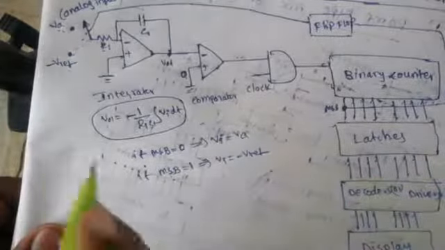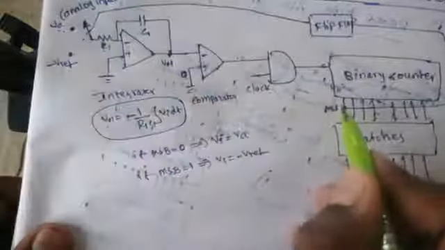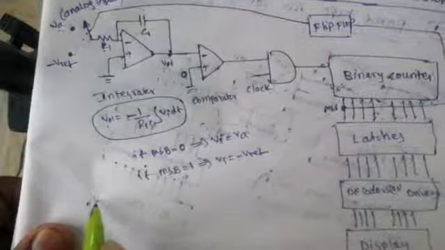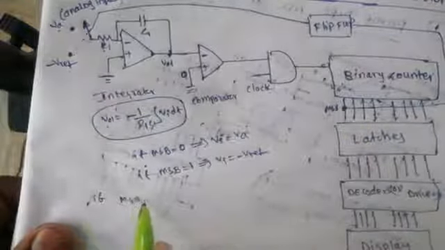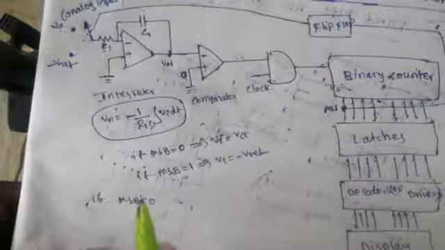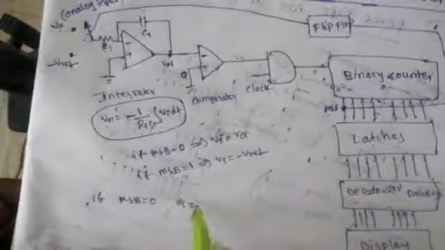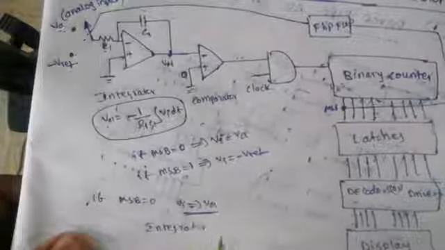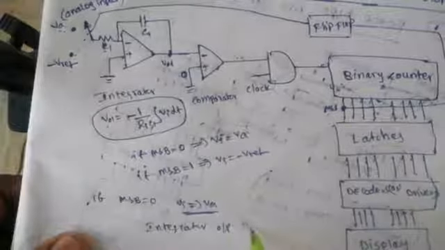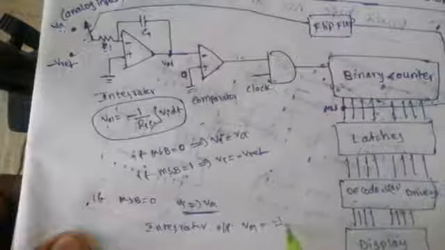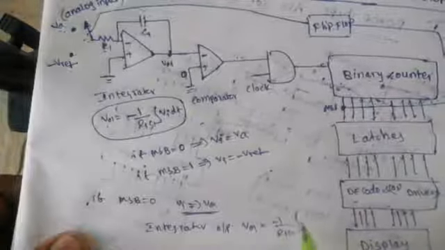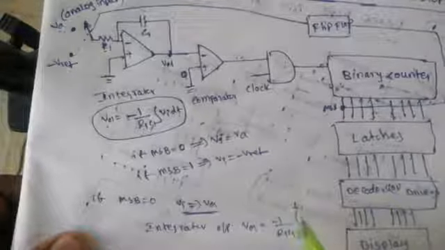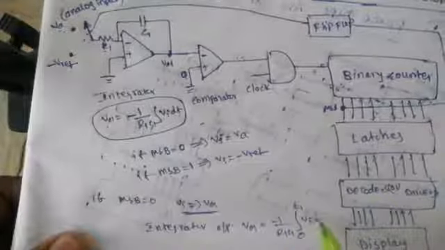Now when the MSB bit is 0, initially the counter will be 0, then the analog input voltage must be connected to VA. So VA is applied to the integrator circuit, then the integrator output V01 is equal to minus 1 by R1C1 into integral 0 to T1 of Vi into dt.